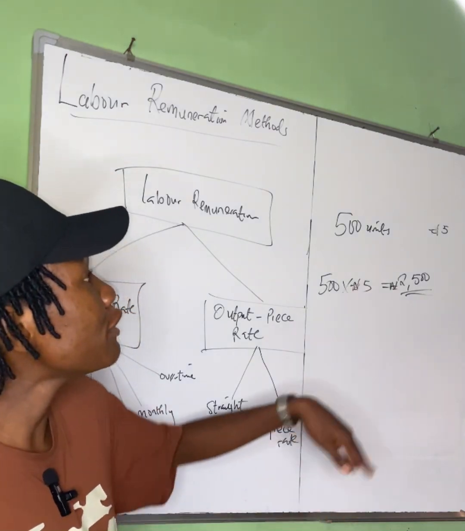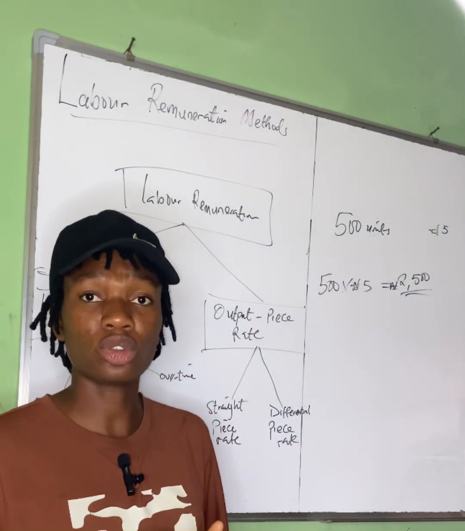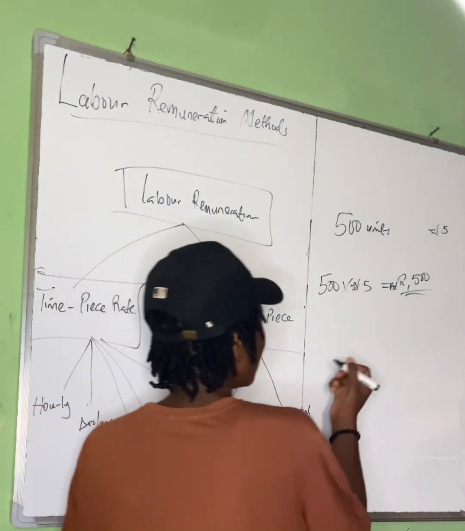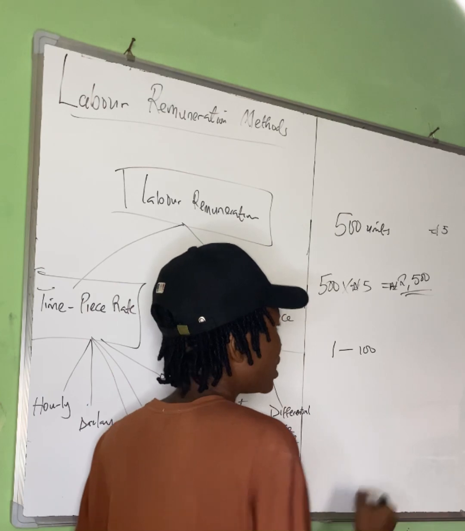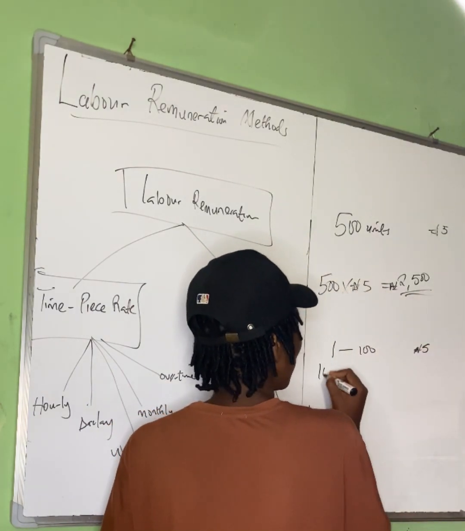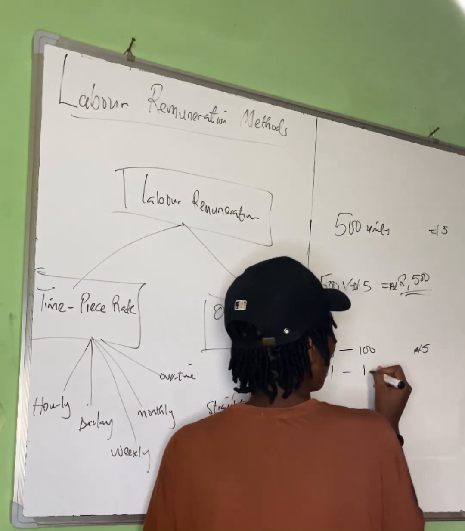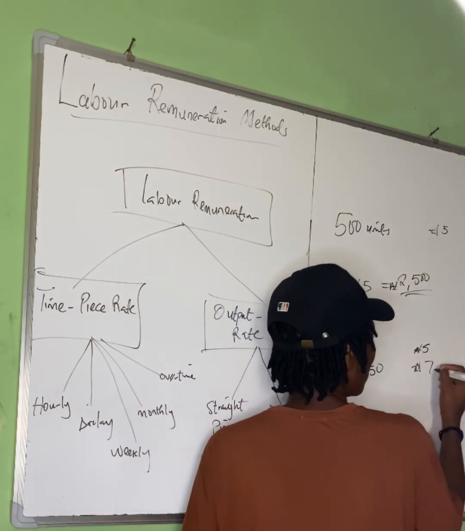So it means even if a worker produces 500 units, we are going to be having different levels of production. Something like this, under the differential piece rate, you can be having 1 to 100 units receiving 5 naira. We can be having from 101 to 200 units receiving 7 naira.